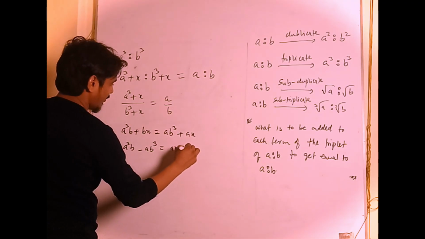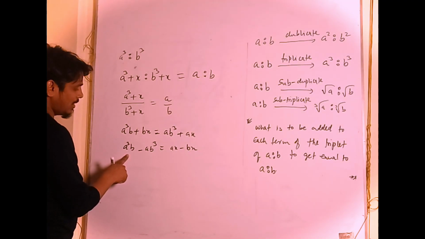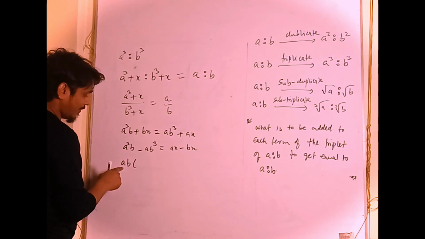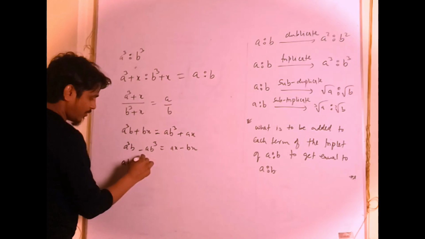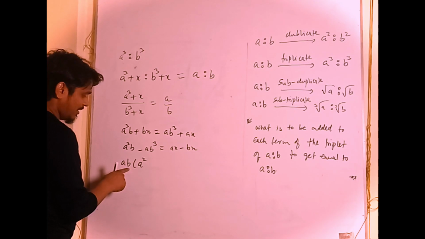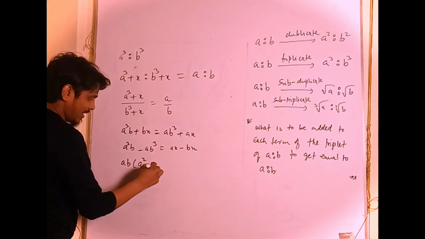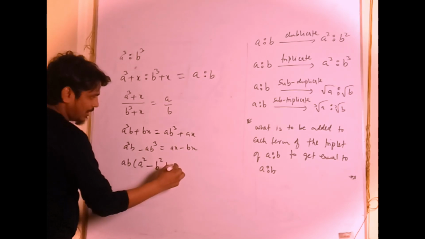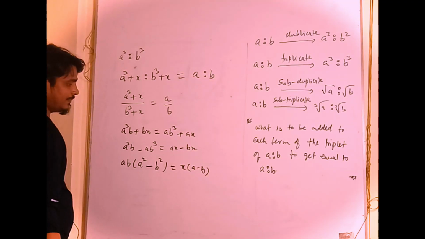So Ax minus Bx. In these two we can find that x is common. Then if I'm taking AB common, here this is A cube, so we're left with A square. As AB is taken common, once you multiply, AB into A square means A cube B. And then for the subtraction, as we have taken AB common, B square is left, equal to x times (A minus B).